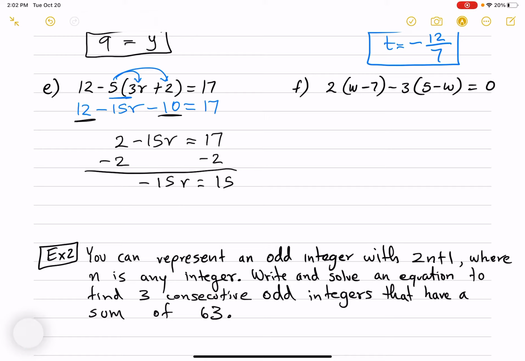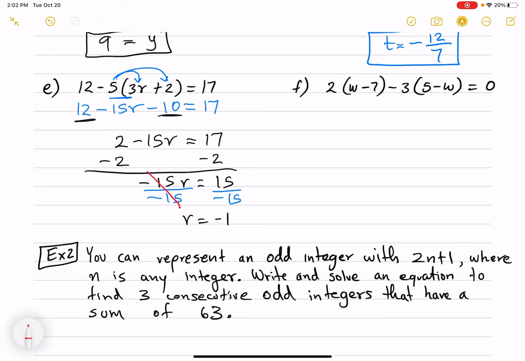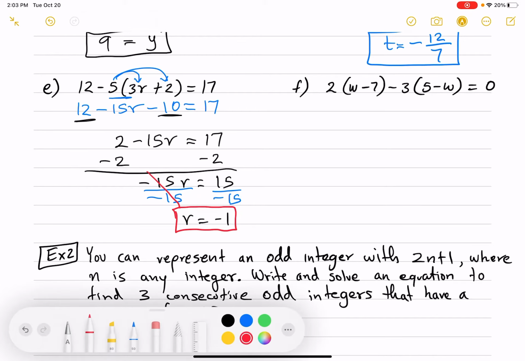Well, you know that r has to be negative 1. But if you wanted to show the steps, you would divide both sides by negative 15. Negative 15 divided by negative 15 is 1, and positive 15 divided by negative 15 is negative 1, giving us our answer here.